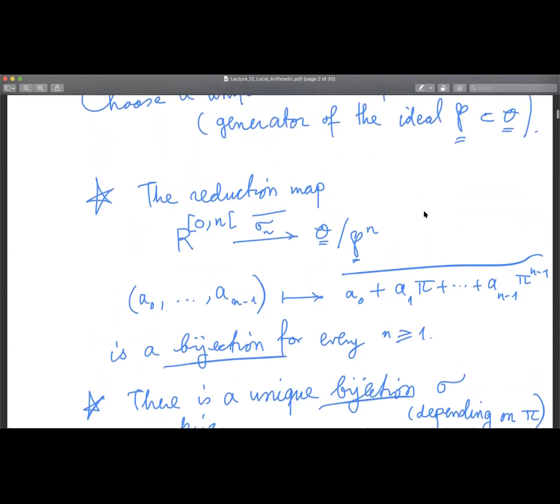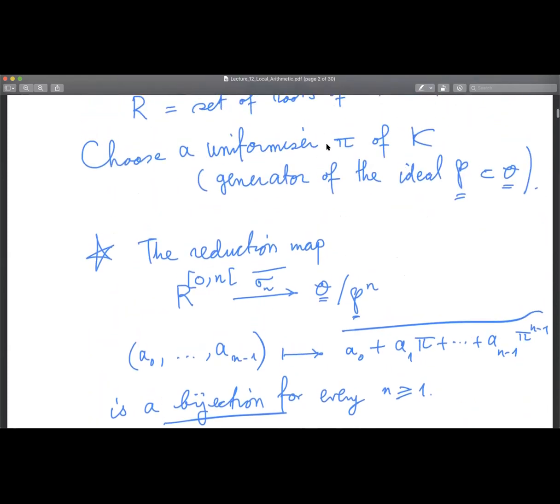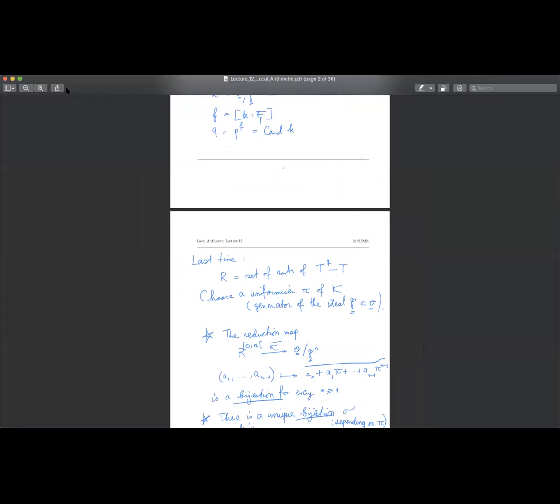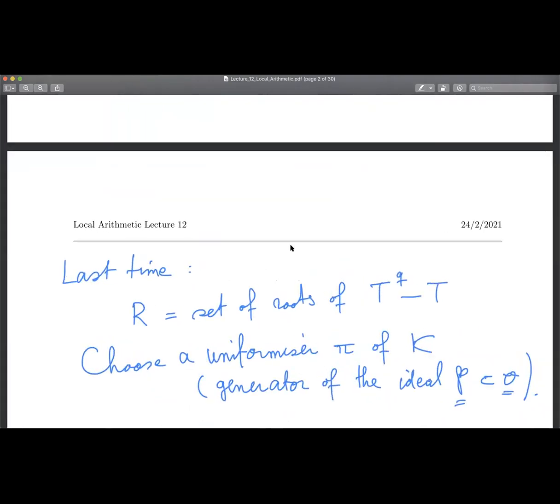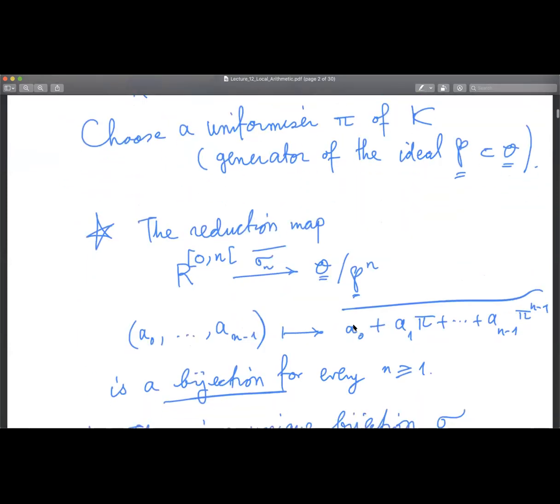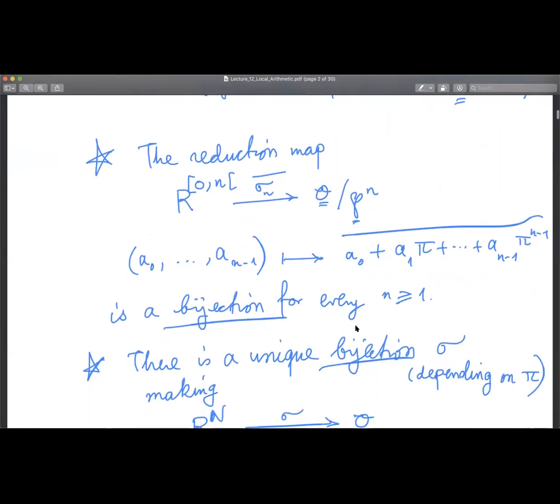Pi is this uniformizer which we have chosen. If you fix a uniformizer, then you get this map sigma n bar. For each choice of pi, there's a map. If you choose a different pi, you'll get a different map. But the fact that it's a bijection, which is what I'm going to prove next, is of course independent of the choice of the uniformizer.